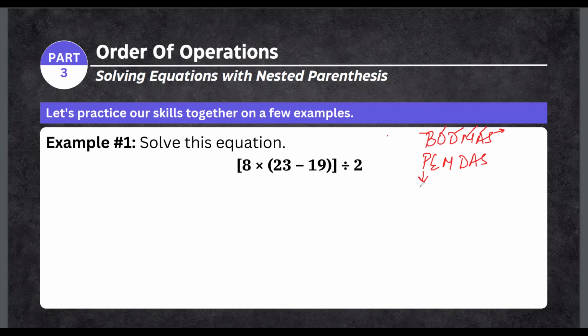Here, P stands for parenthesis, E stands for exponents, M stands for multiplication, D division, A stands for addition, and S stands for subtraction. Okay, so we have to follow these rules. Any one rule you can follow and you will get your answer.